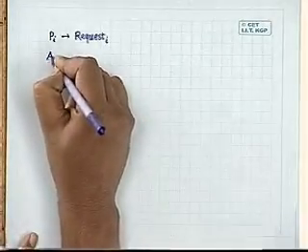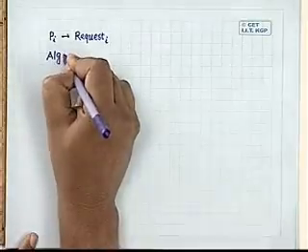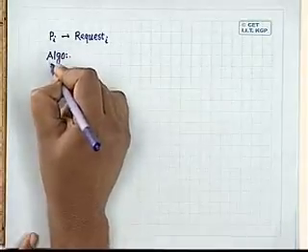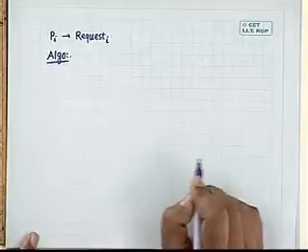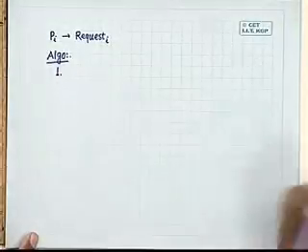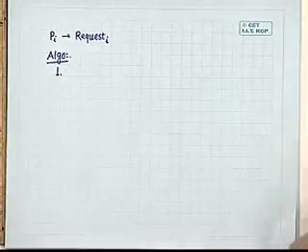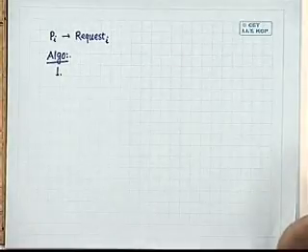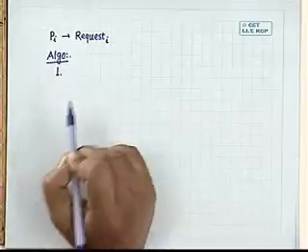So now let us see what the algorithm will be. Whenever a process pi puts a request, the request can be met only when the request vector request i is less than or equal to available. Available tells you the number of resources of different types that are currently available.